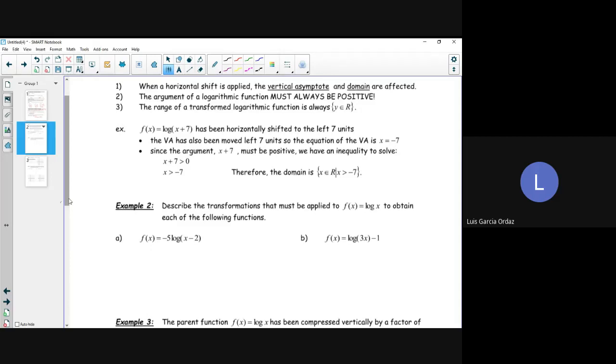Because when you have log x, you would be able to enter your base. If I figure it out, I will tell you guys, and then I will give you that answer.